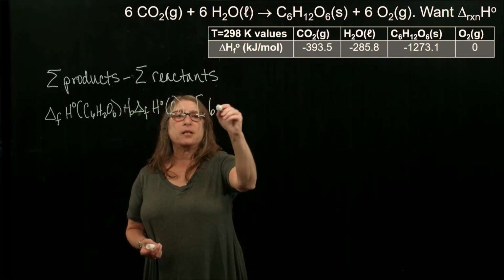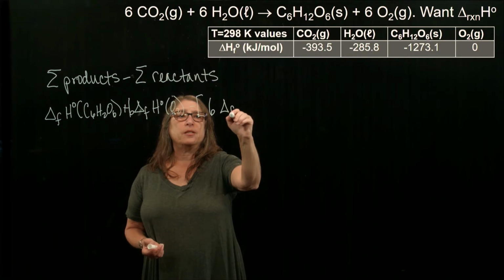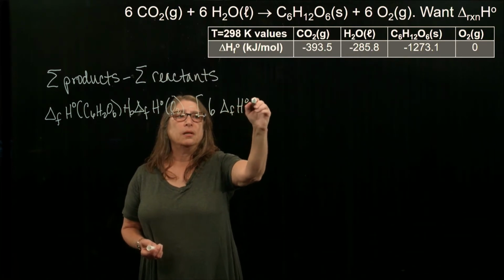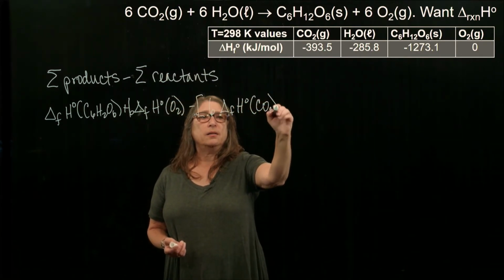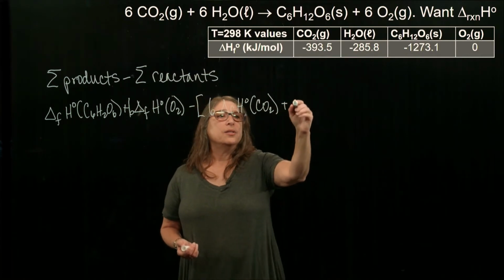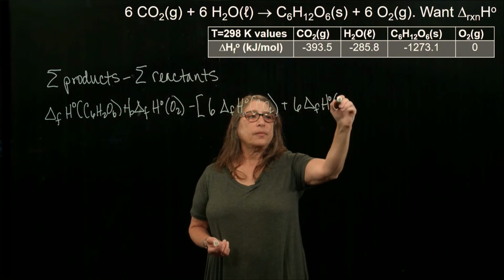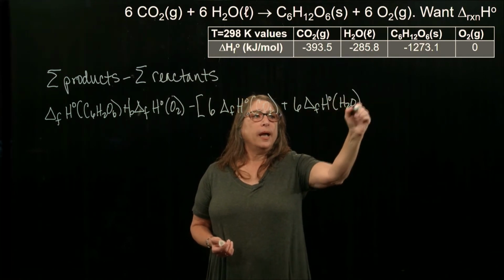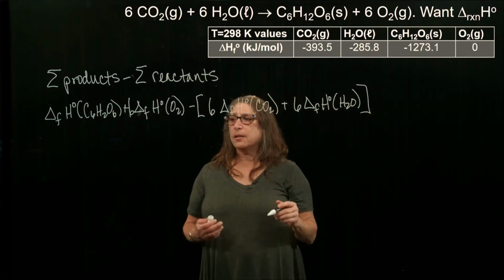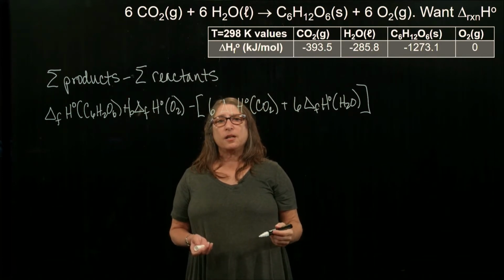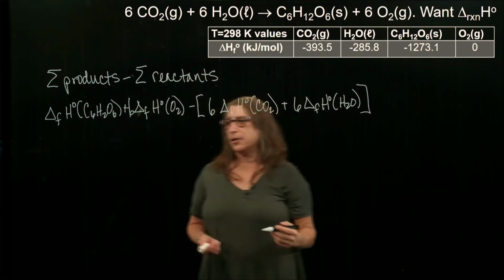I'm going to subtract off 6 enthalpies of formation for carbon dioxide and 6 enthalpies of formation for water. And I have to make sure I have the right values on the phases, otherwise I'm not going to get the right value.